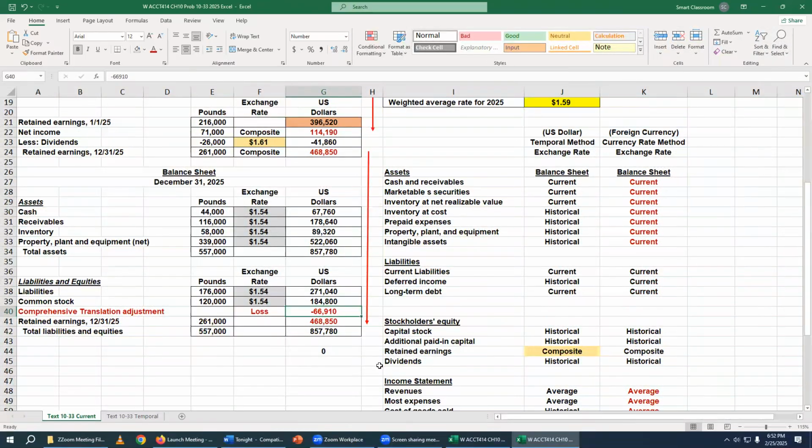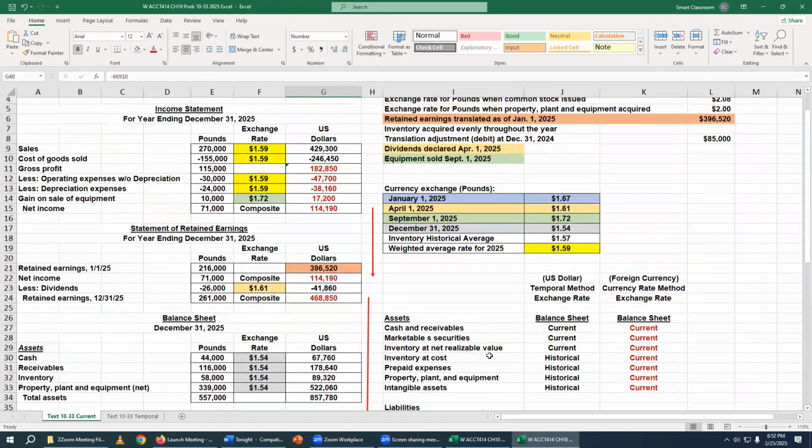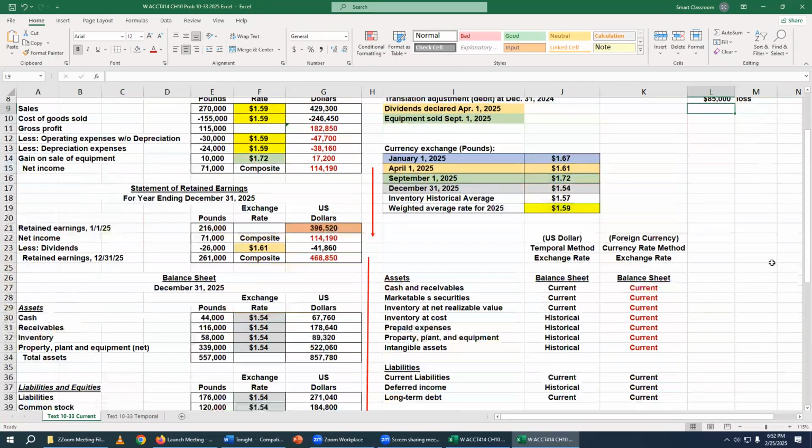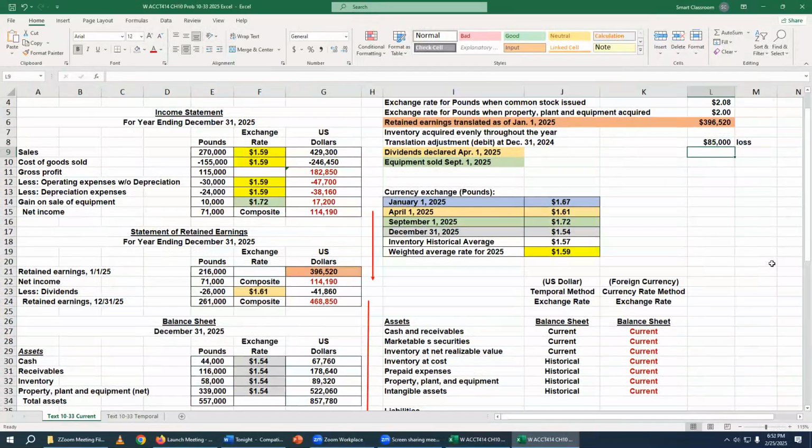So this loss of 66,910, comparing with a loss of 85 the previous year. The current loss is 66,910. Excuse me, I couldn't mute the thing fast enough. Okay, so 66,910.